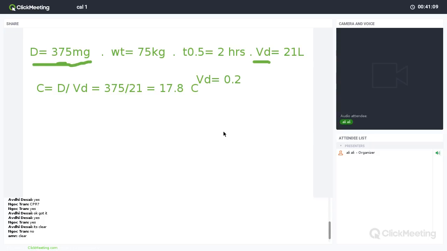What is the predicted plasma concentration after 8 hours?